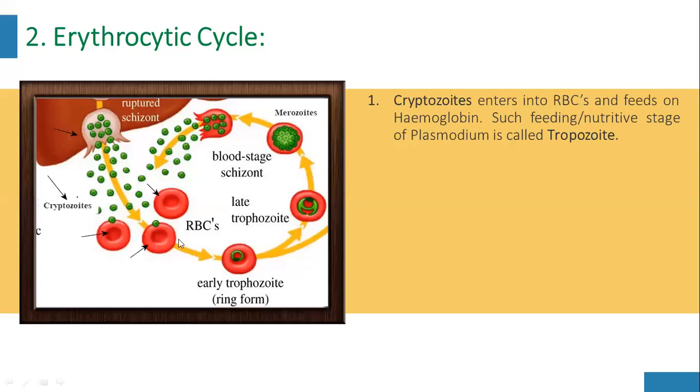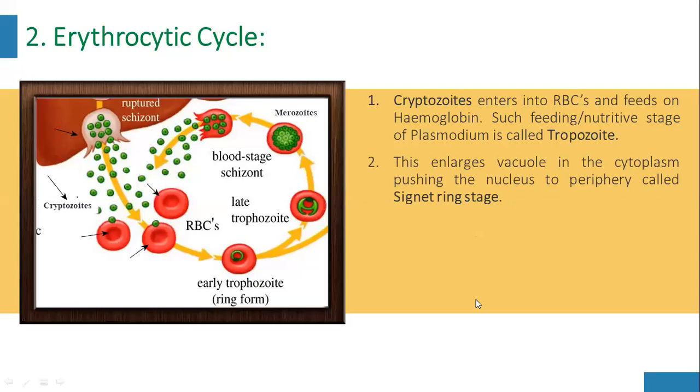This is the trophozoite stage. And you can see it in the photograph, in that diagram also. This now enlarges the vacuole in the cytoplasm. Whose vacuole? Surely the Plasmodium's vacuole only. The vacuole will increase and store a large amount of reserve.